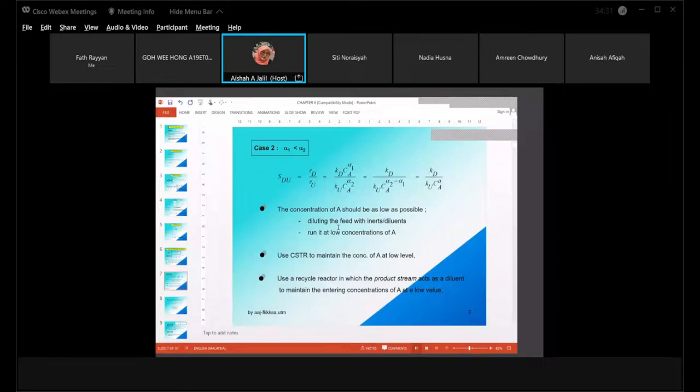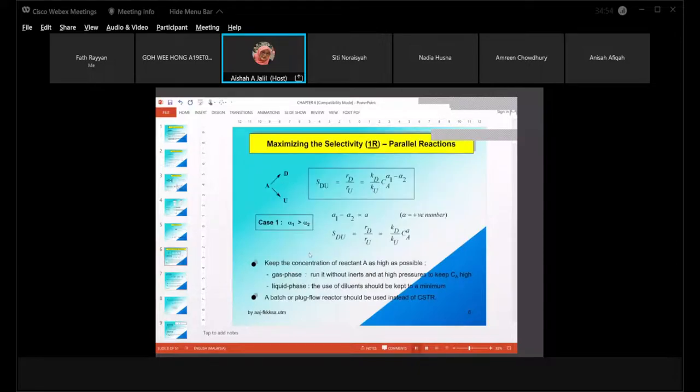In the gas reaction, you use more inert, and in the liquid reaction, you use more diluent or more solvent, then you can get this lower concentration of A, okay. Run it at low concentration of A. Same like this, you adjust the concentration.